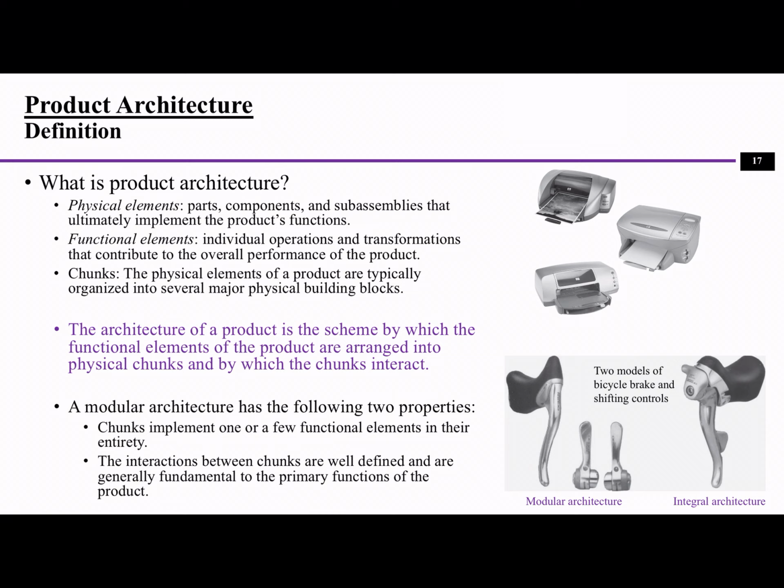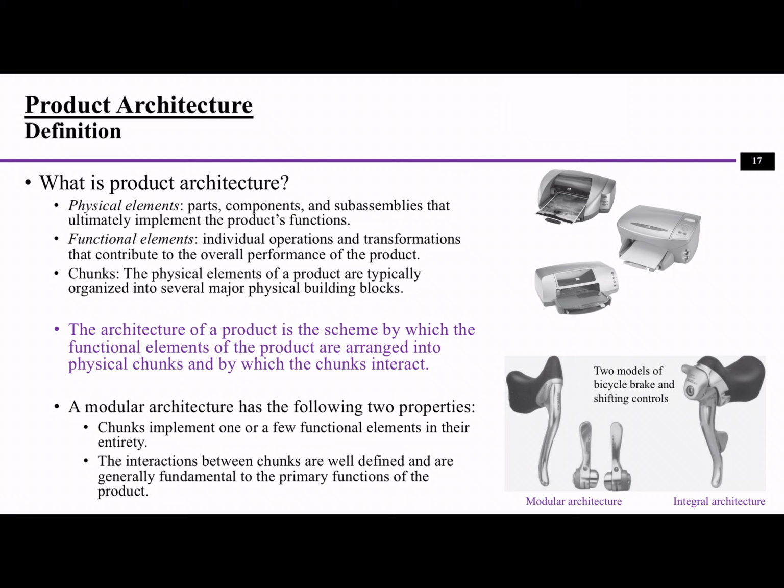So these are the functional elements. Another term is chunks. Chunks means the physical elements of the product are typically organized into several major physical building blocks, right? So chunks are these building blocks with different functions.